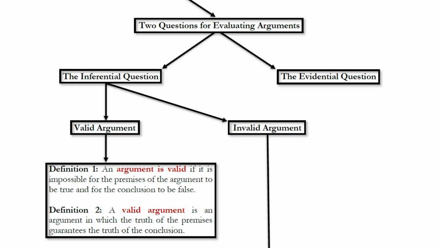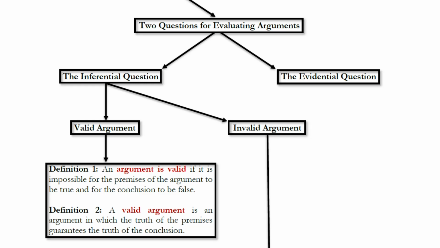The first thing to say here is that whether the premises of an argument support the conclusion actually depends upon the type of argument we are talking about. Some arguments only aim at showing that the conclusion of the argument is probable, or that it is most likely true. Other kinds of argument intend to show that the conclusion of the argument is necessarily true, that it must be true.